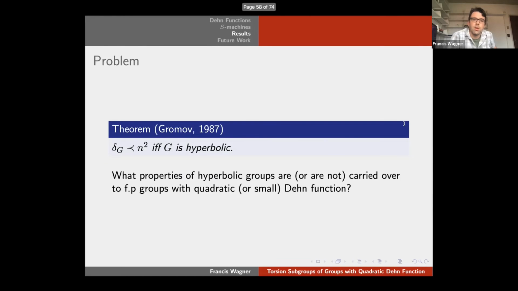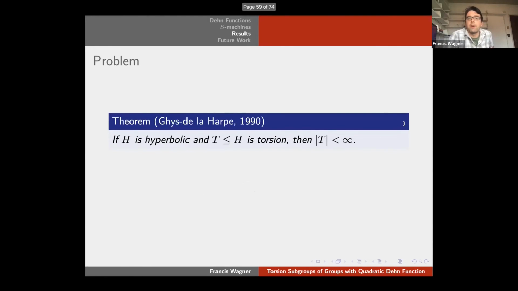Okay. So that begs some class of questions. What properties of hyperbolic groups, which we know and like a lot, what of these nice properties are carried over to quadratic Dehn function groups or small Dehn function groups? One nice property of hyperbolic groups is that all of their torsion subgroups are finite.